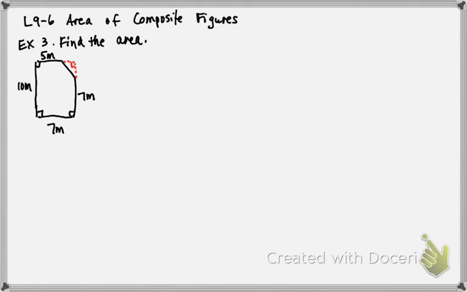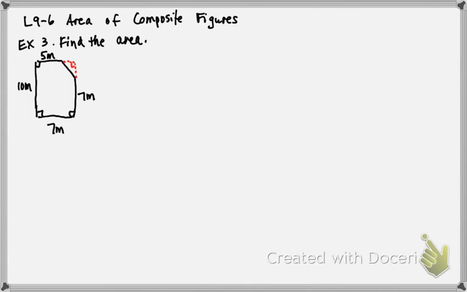So what I'm going to do is figure out the area of this little triangle, and then I'm going to figure out the area of the rectangle, but that rectangle now has that invisible triangle there, so we're going to have to get rid of it. So we're actually going to do subtraction on this problem. Yeah, crazy, huh?